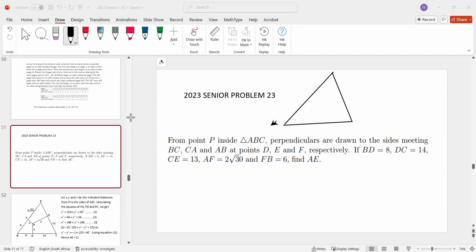So the point P is inside this triangle. Let's just name this triangle properly first. This is A, B, C, and P is some point inside.